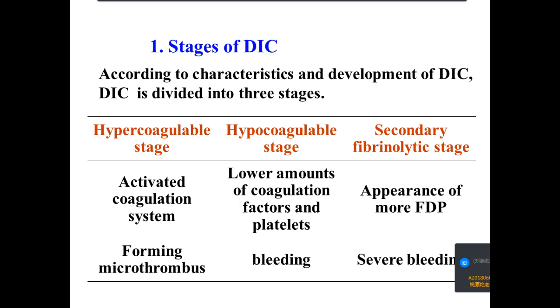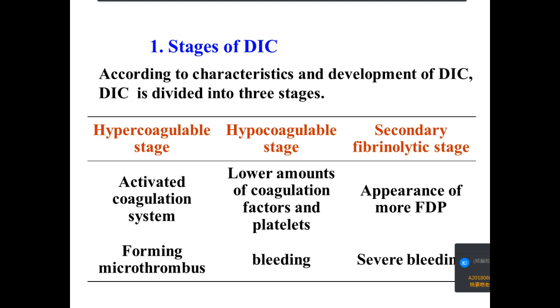Now these are the 3 stages of DIC. You might remember the 3 stages and their characteristics. During the hypercoagulable stage, because the coagulation system is activated, coagulation function increases and forms microthrombus. Because of forming microthrombus, coagulation factors and platelets decrease.